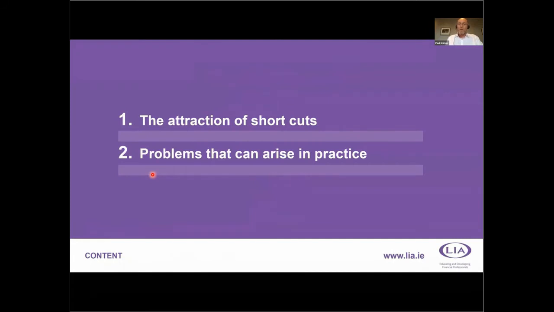So what I'm going to have a look at today is the topic under two broad headers: the attraction of shortcuts, and then from a practice point of view, just examining 5 or 6 examples of where the rubber hits the road.